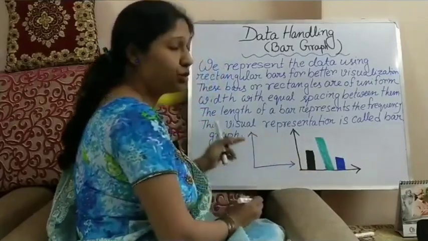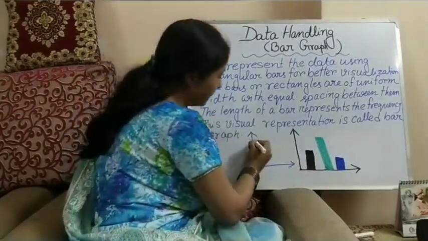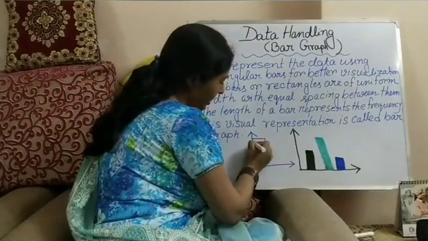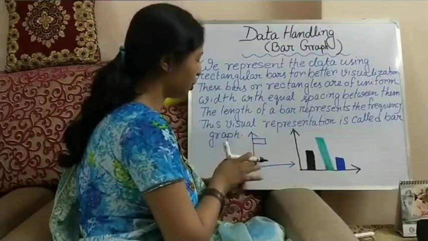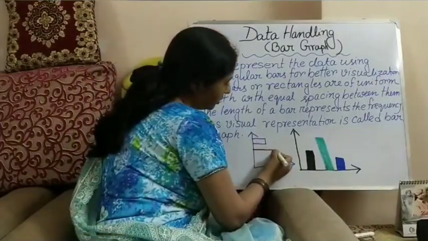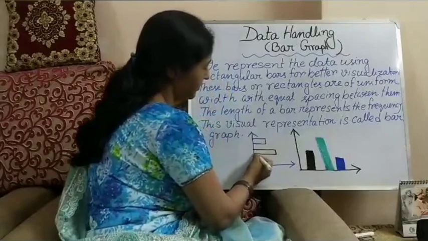Again I took two axes and here again I am going to draw three rectangles.